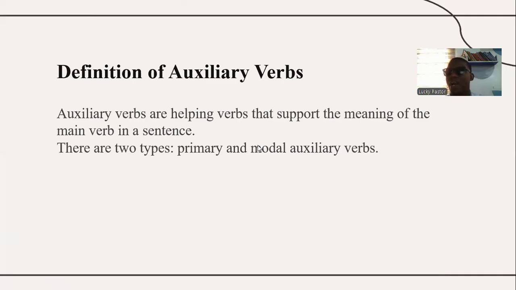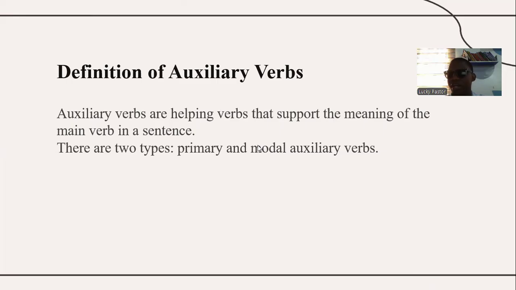But if you add something like, I will come to your house tomorrow, you are saying that you come into the person's house in the future, right? Or you want to say it's in a progressive manner. You say, I am coming to your house, meaning I'm on my way, right? So you see, am, will, these are auxiliary verbs. So they help to add a little information to the verb you are discussing, right?